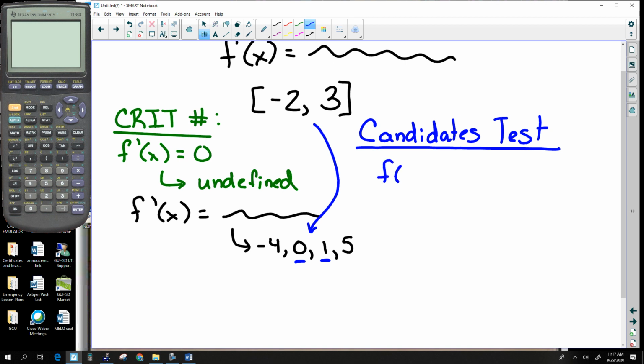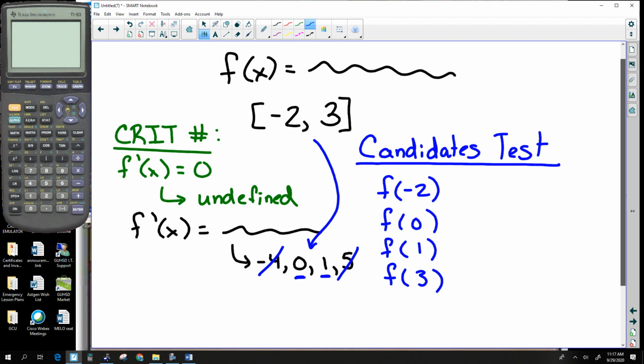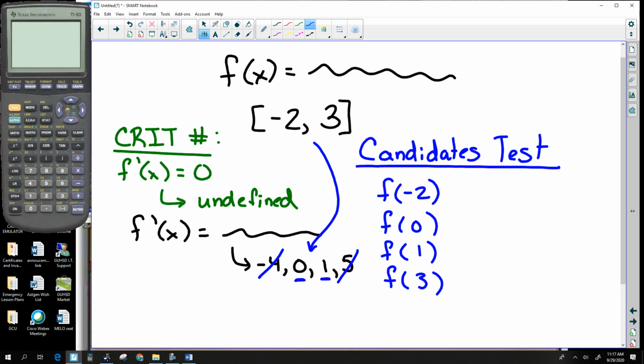So you plug into the original function -2, 0, 1, and 3. -4 and 5 were not in the interval, so they don't count.